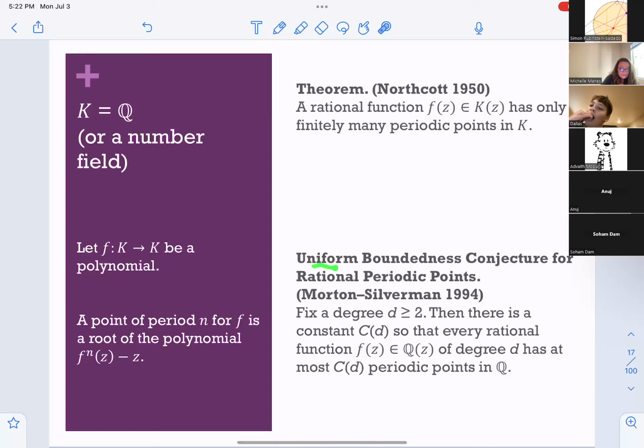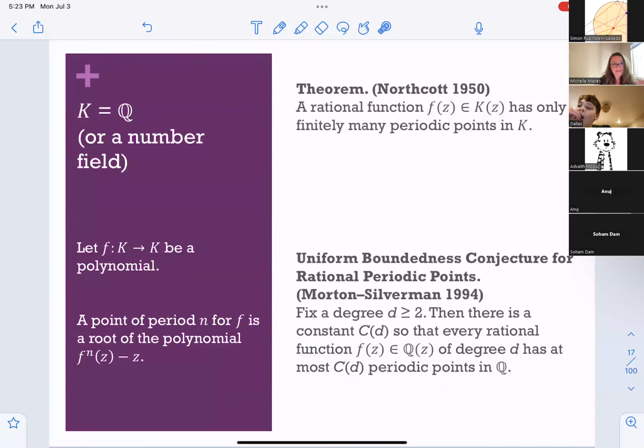So this, what's called the uniform boundedness conjecture, is a really powerful and really hard problem. And it says that there's a constant that depends on the degree. So for example, if I fix polynomials of degree 5, there's some constant, I don't know, maybe 30. And no polynomial of degree 5 has more than 30 periodic points in the rational numbers. Okay, I totally made up the number 30.